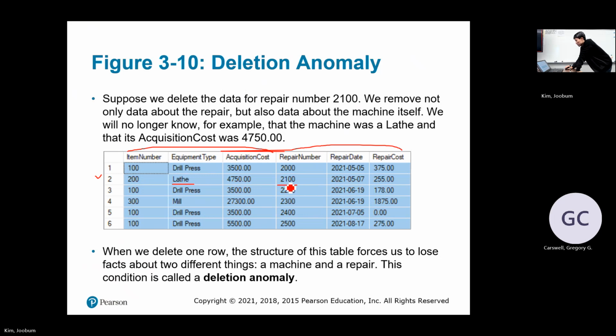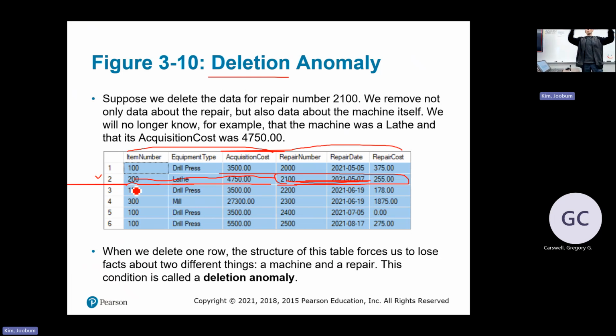So this is an example of a deletion. If you delete repair number 2100, in order to delete this data, the other data in the row also should be deleted, because they are in the one row. So if you delete this second row, what happened? You lose everything.